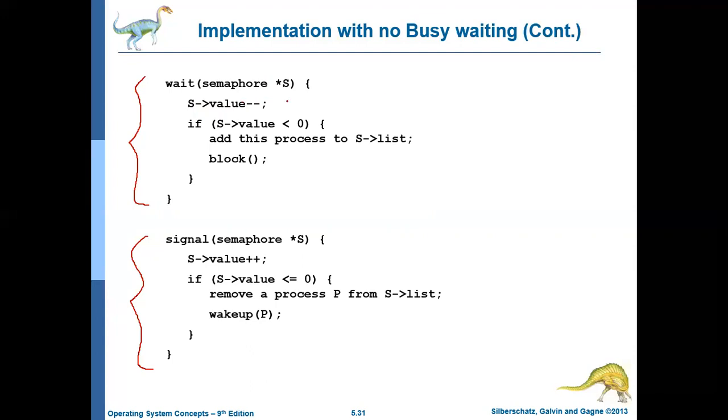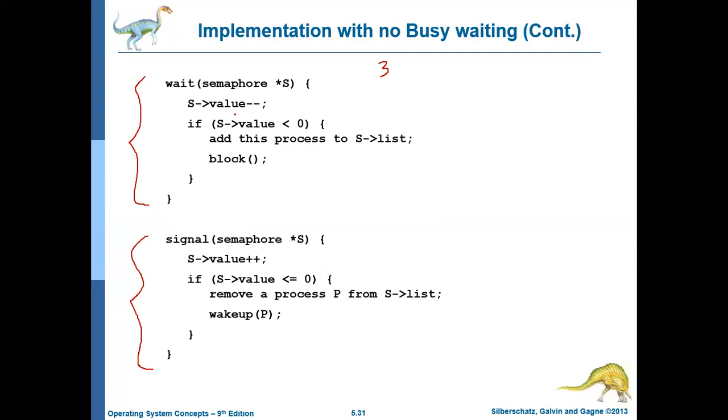The value will be initialized with the number of resources available. So initially, if three resources are available, then the value will be 3. It just decrements the value. After decrementing, it checks whether it has become less than 0 or not. It's not checking less than or equal to, it just checks whether it becomes less than 0.